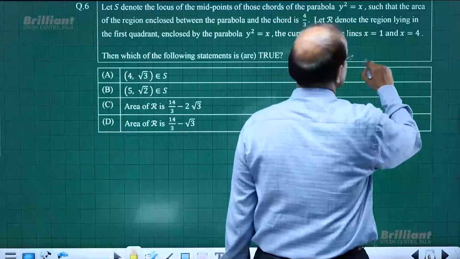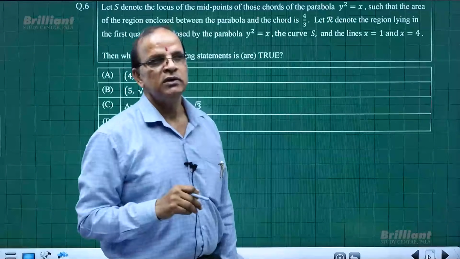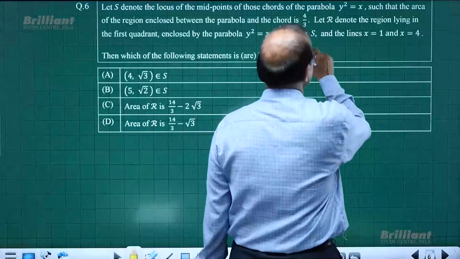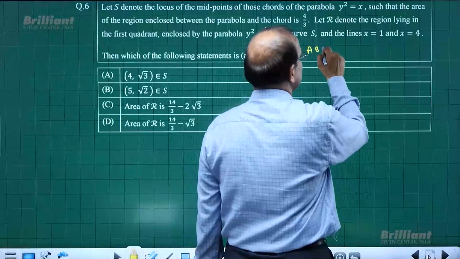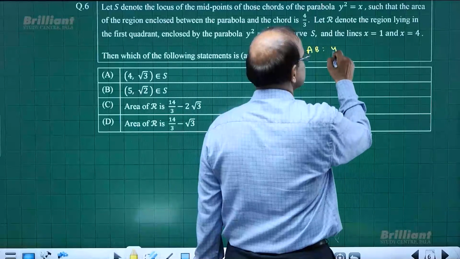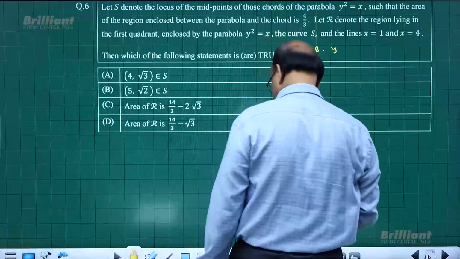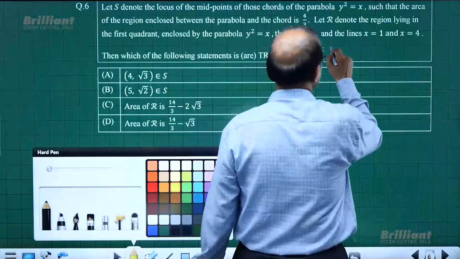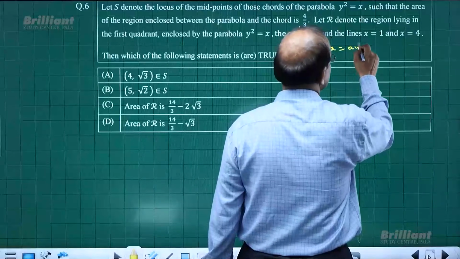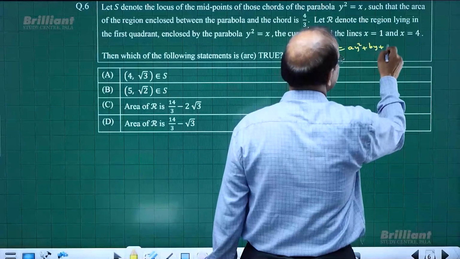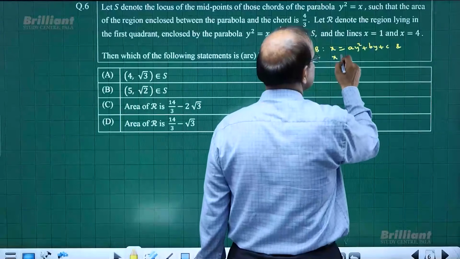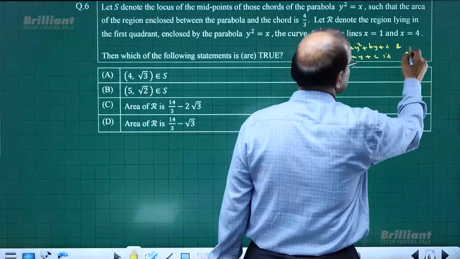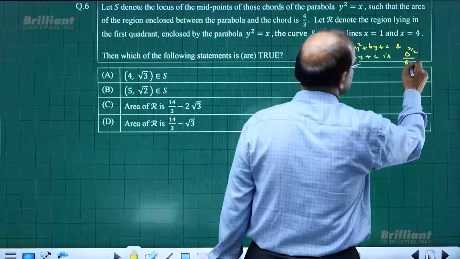Okay, so before this, the area of the region bounded by x equal to ay square plus by plus c and x equal to my plus c is delta power 3 by 2 by 6a square.